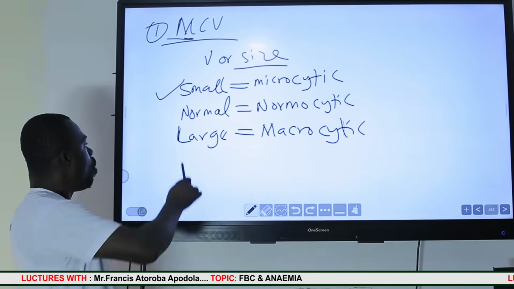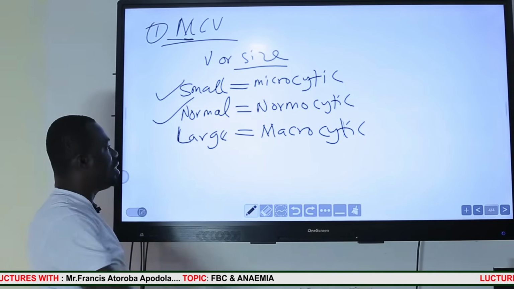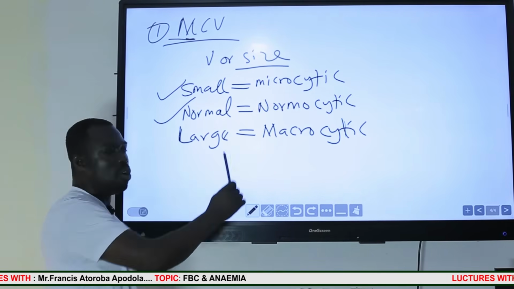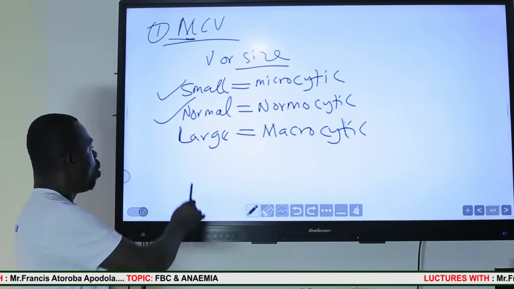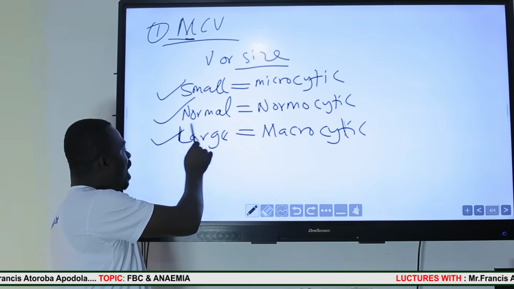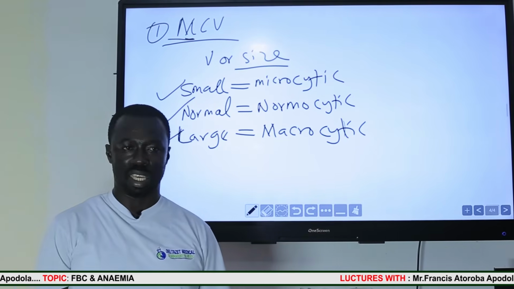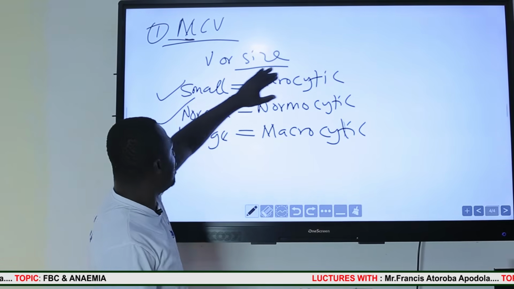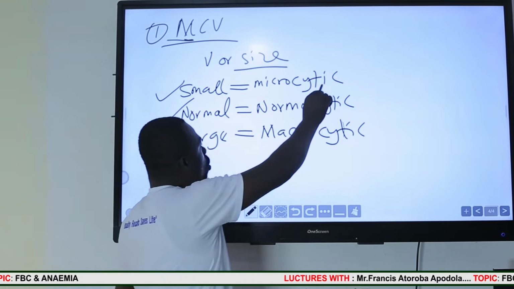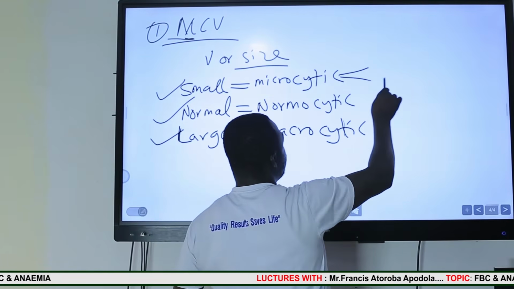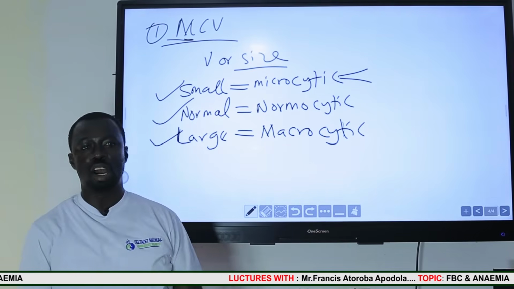Red cells. Or we can have normal RBC sizes, and that is called normocytic RBCs. Or the cell sizes are larger than normal, and that is what? Macrocytic.